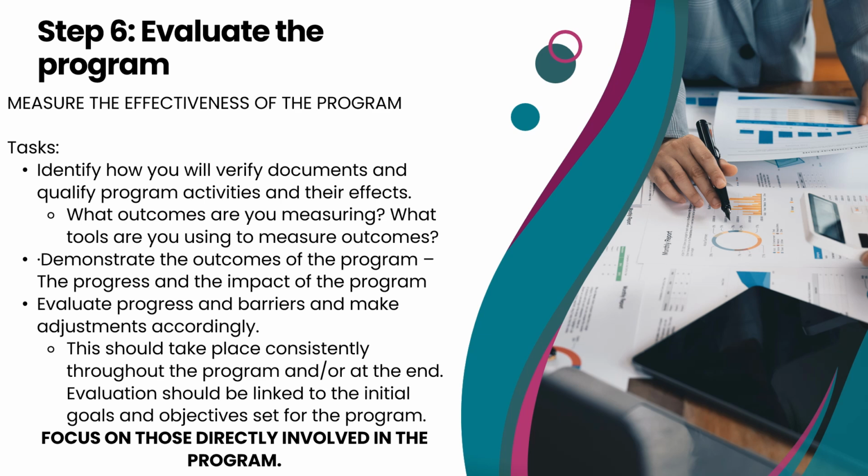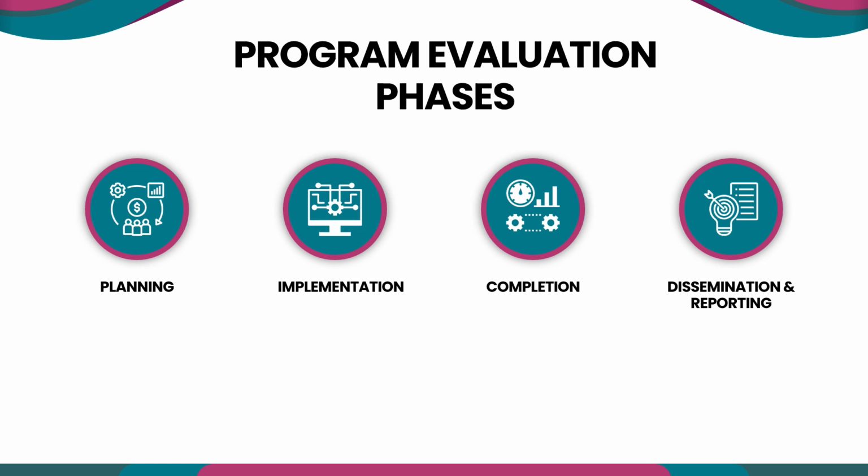Now we're going to talk more about program evaluation. Before we get into the phases, just understand that when you are evaluating a program, practitioners must consider the design being used and the data to be collected. You must also demonstrate the outcomes of the program.